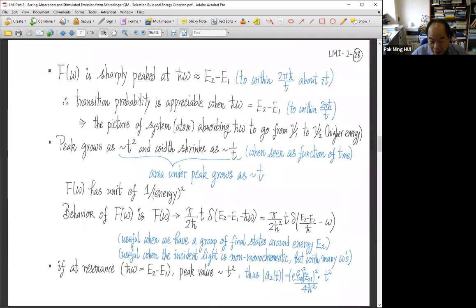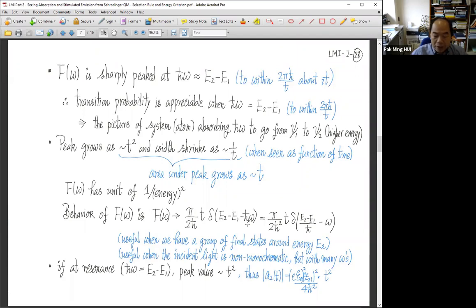It can be represented as the area under the curve goes like t, after you work out the prefactor, and it requires this particular energy criteria. That is the behavior so-called at long time. So we have this formula. That will be useful slightly later.